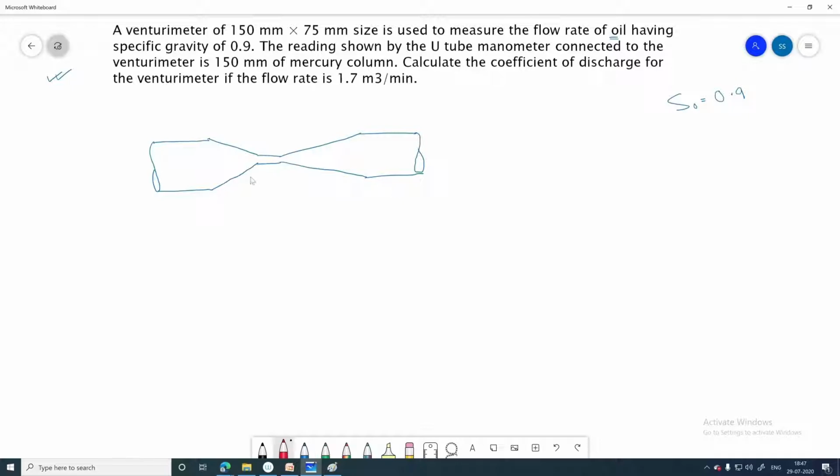So this is the inlet section, that means this is the section at inlet. Yeah, here the manometer is fixed.